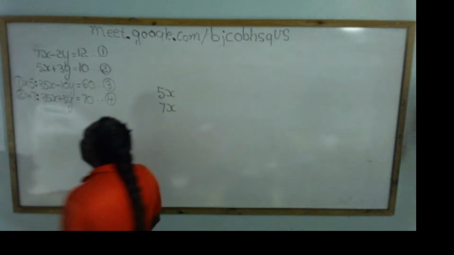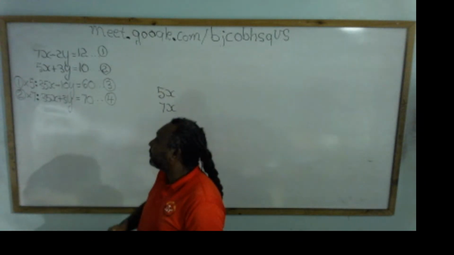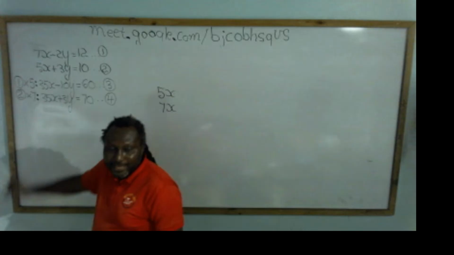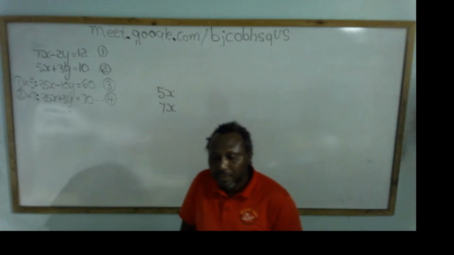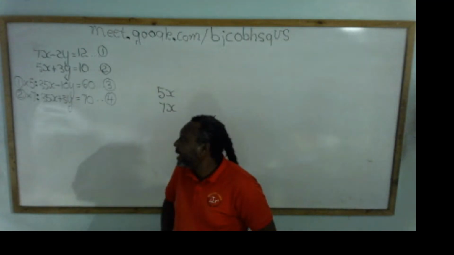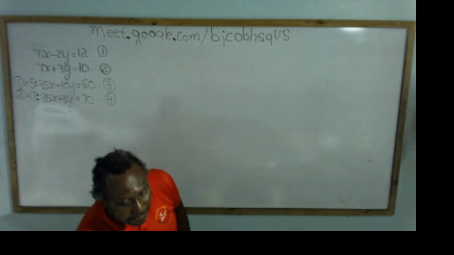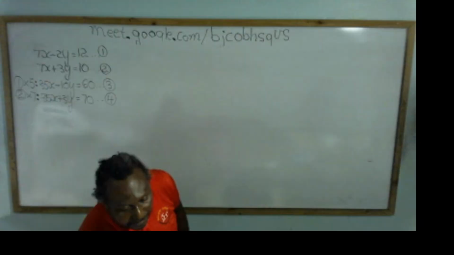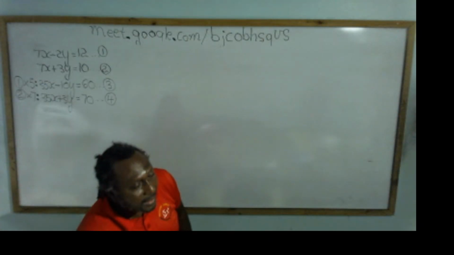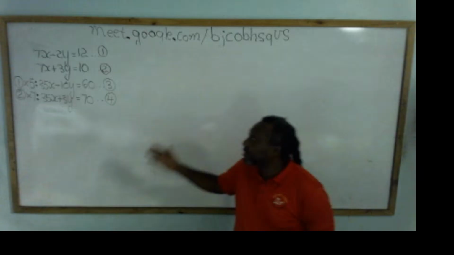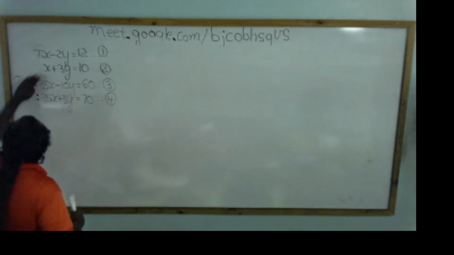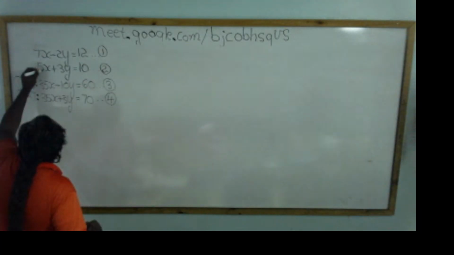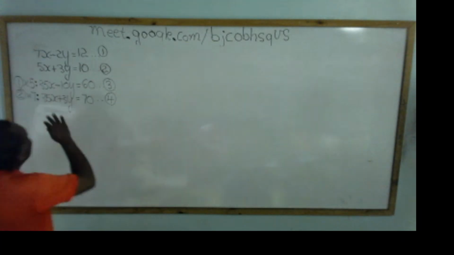So now that you have done that, the coefficients of the x's are the same. So since the coefficients of the x's are the same, you may go straight on. I put the 5 back to the original equation and multiply the equations like that.